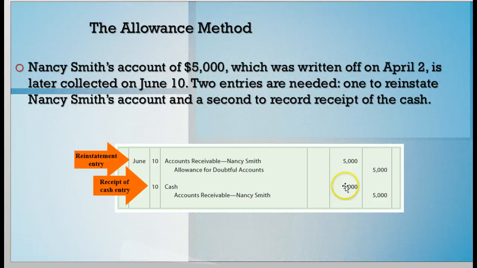So we reinstate it here, where we put it back in and take it out of the allowance account. And then we take in the cash and take it out of the accounts receivable. So you have to reinstate her account, and then you have to show the receipt of cash.